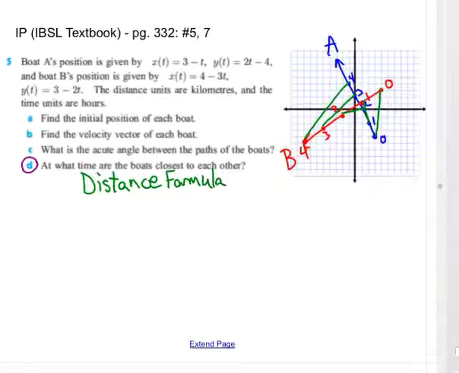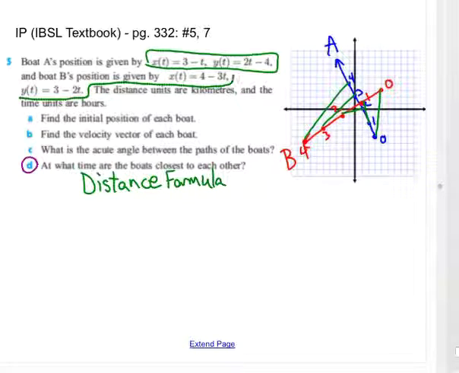You're going to use a generic point using t for this boat and a generic point using t for this boat. So you don't know any definite point. Both of the points are going to be in terms of t, and you're going to use your distance formula with those. That'll give you a quadratic equation, and you need to find the minimum point. Because that'll give you your minimum distance.